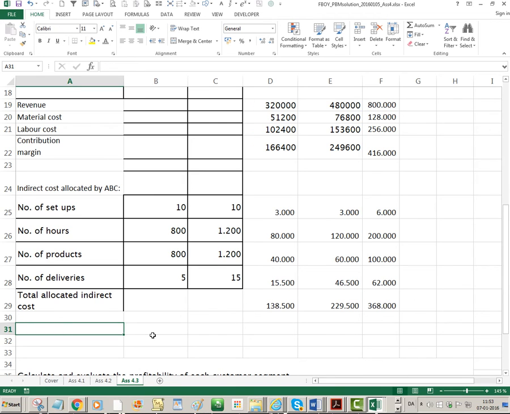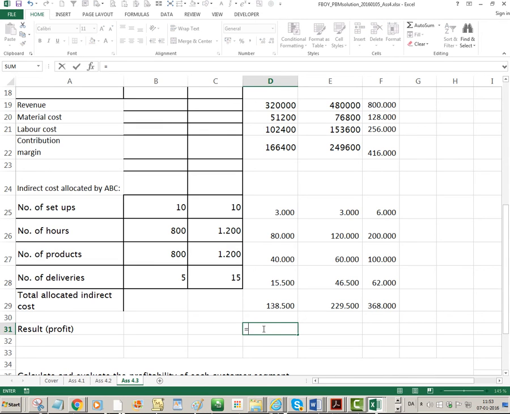So I will get a result, a profit line down here. And what do I do? I take the contribution margin like I did in the previous question and say minus the total allocated indirect cost. And I can copy that over here.